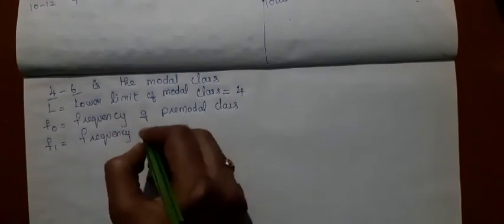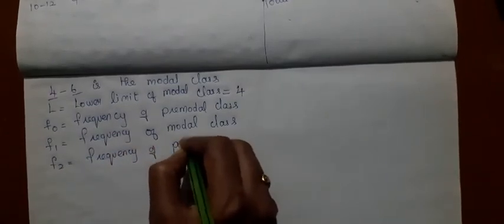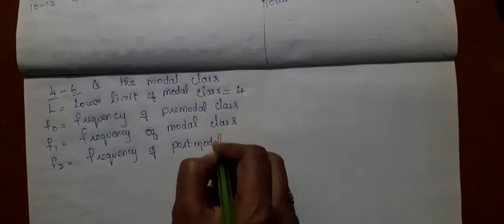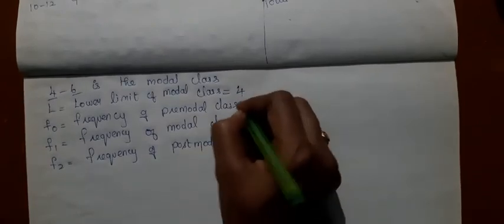F naught is the frequency of the pre-modal class. F1 is the frequency of the modal class. F2 is the frequency of the post-modal class. 4 to 6 is your modal class.